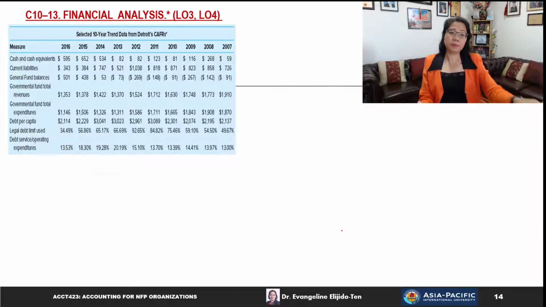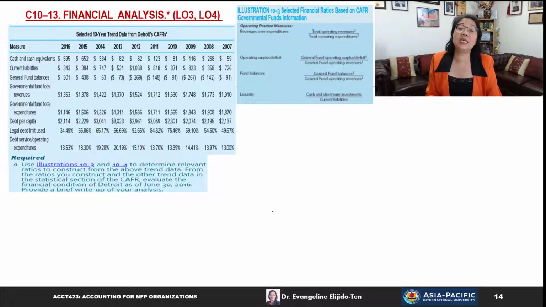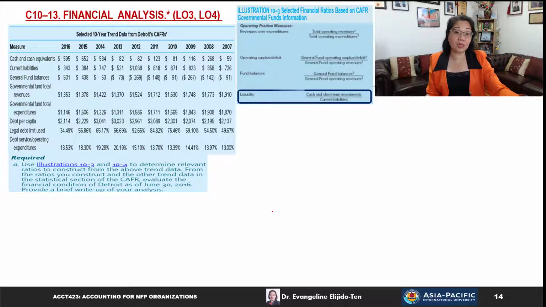Some of the relevant key ratios from Illustration 10-3 for Detroit would be liquidity, definitely, because they have been bankrupt, and also revenues over expenditures.